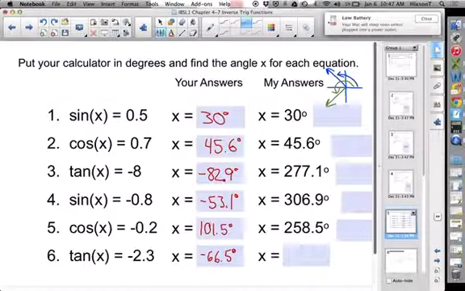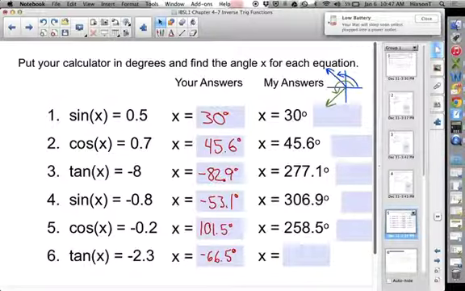Because cosine is a negative value in both the second and third quadrant, there are two possibilities, as long as it has the same reference angle. It's all about reference angles. They're both right, that's the thing.